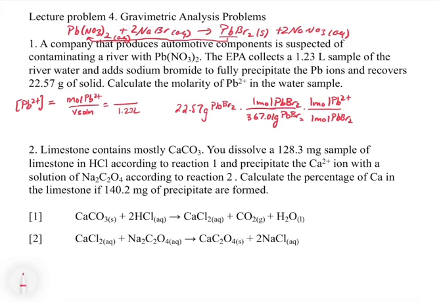And so now we can calculate our number of moles. In this case, we get 0.061496 moles of the lead 2+. And we can plug that into our molarity calculation.